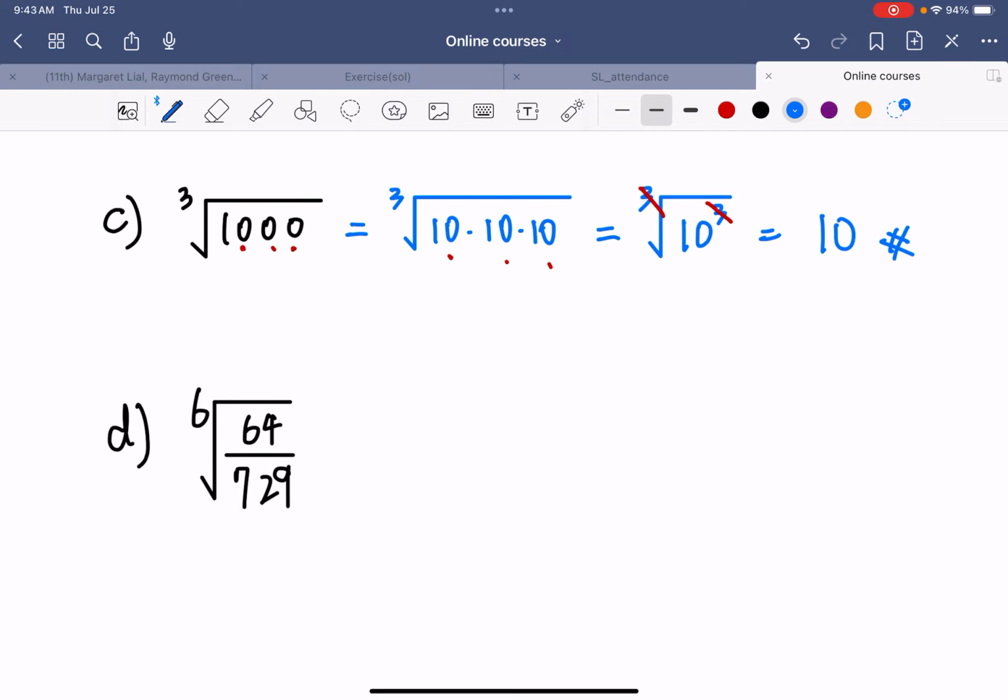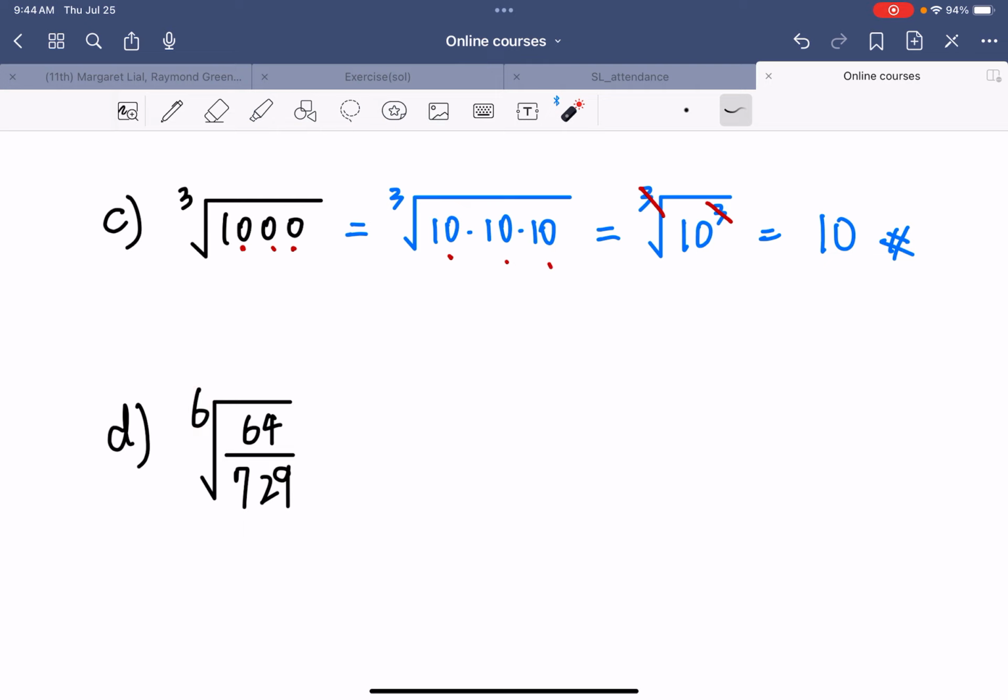Okay, so this one is a little bit harder, but let's break and conquer. Yes, so we take the numerator and denominator separately. So first, let's just look at 64. We got a 6th root for this one.